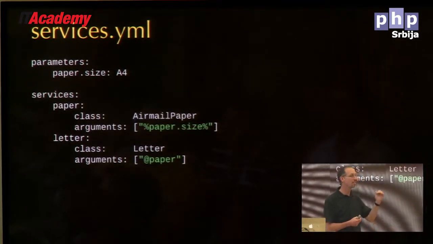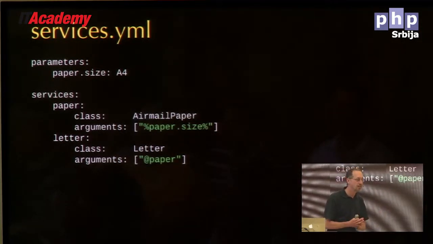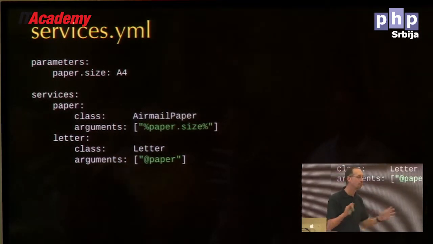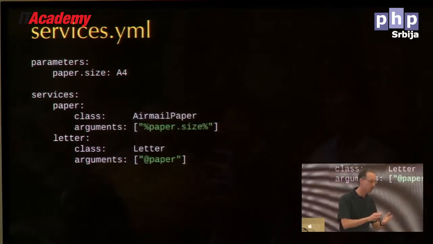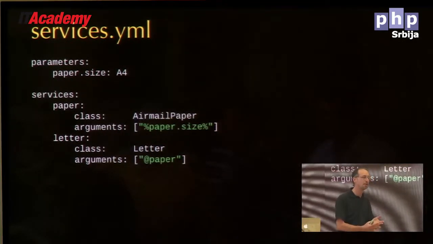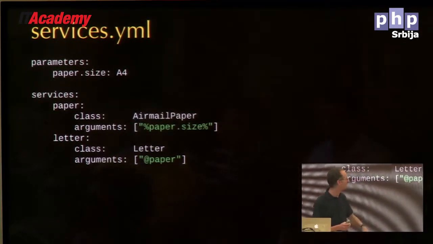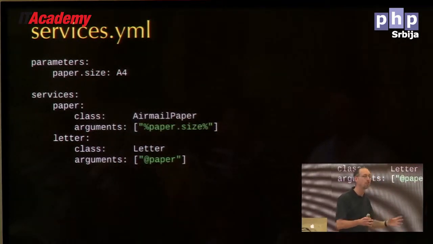So I had better go and instantiate a paper before I go and instantiate a letter. So I've not written any PHP code, but behind the scenes, Symfony's container will instantiate me a piece of airmail paper, instantiate me a letter, and put the paper inside the letter for me. This is far more fun to write, far easier to write, far easier to debug, because there's a lot less code.